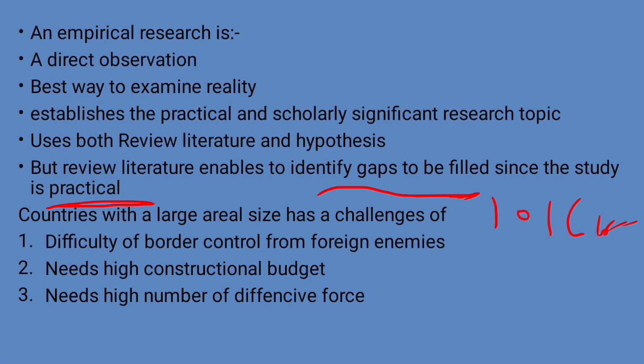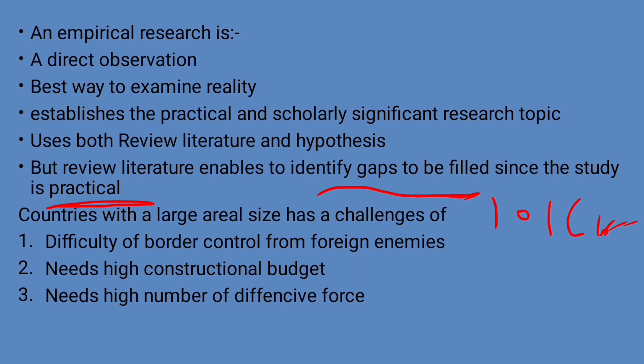We are going to see the feature of empirical research. What is empirical research? Before going to answer the entrance exam question, it is better to understand what empirical research is. Empirical research is direct observational research.